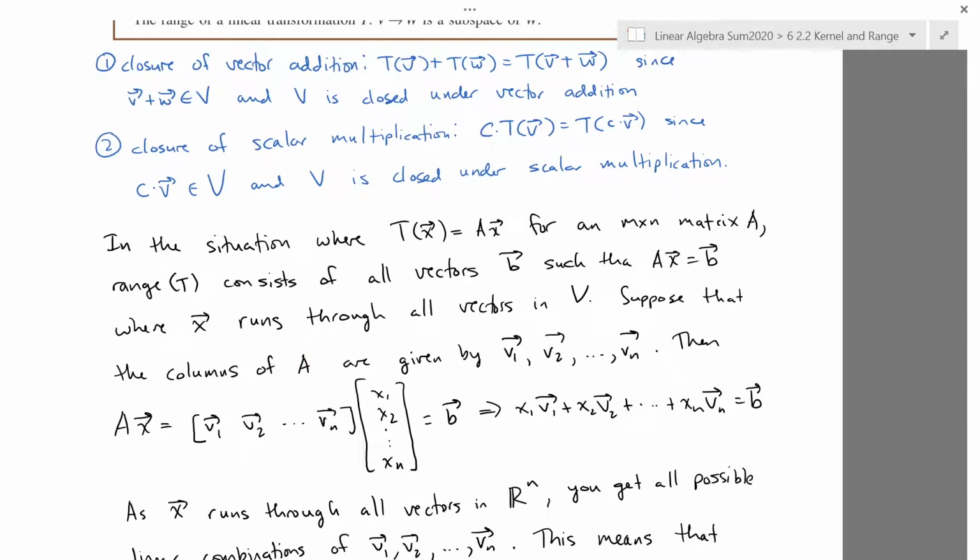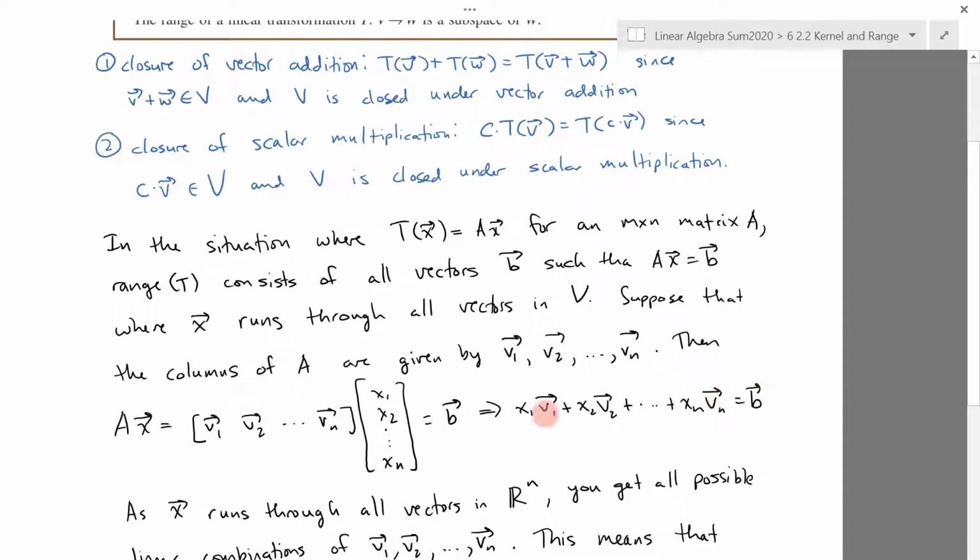If we write out the equation AX equals B and think of the columns of A as separate column vectors, say v1 through vn, where X is the vector with coordinates x1 through xn, then multiplying out, I get exactly this linear combination.